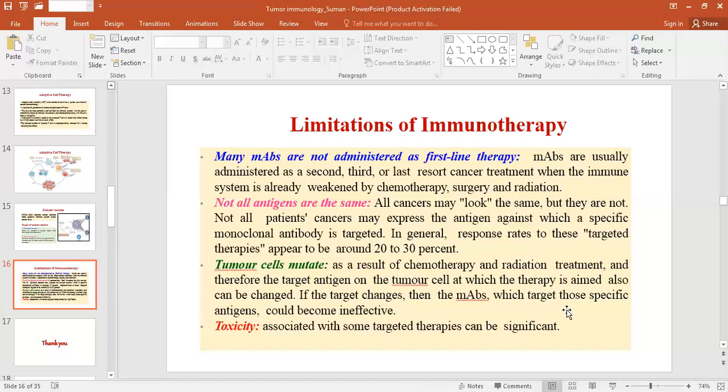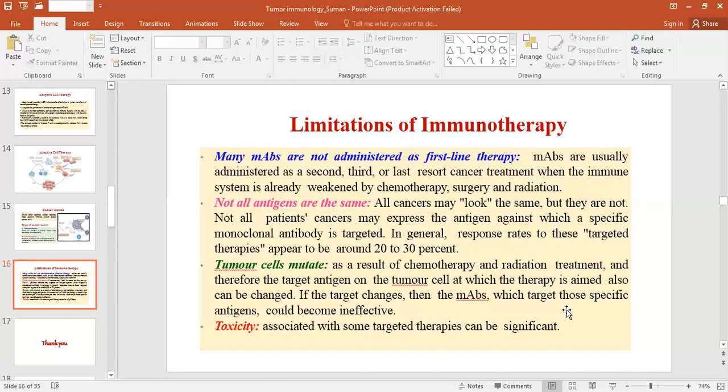The third one is that tumor cells mutate. If the cancer cells are undergoing radiotherapy or chemotherapy treatment, they will change, they will mutate themselves. And under such conditions, if you use immunotherapy, it will not work because the target has changed.